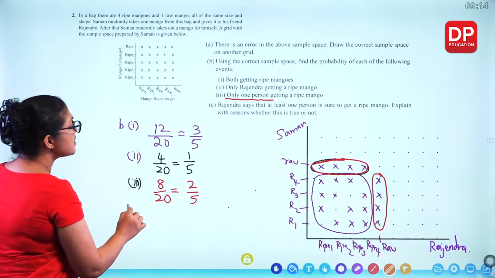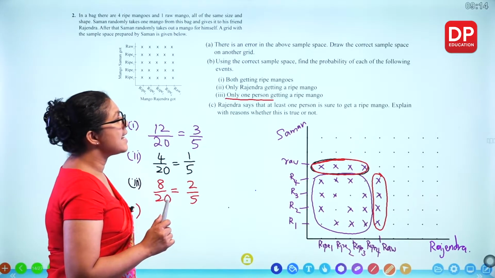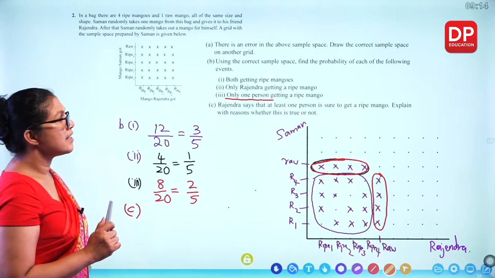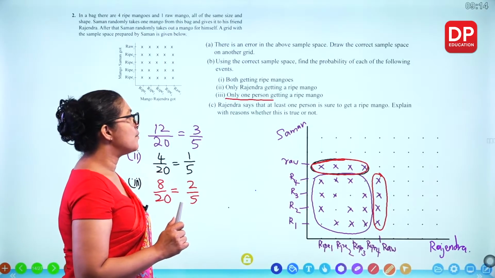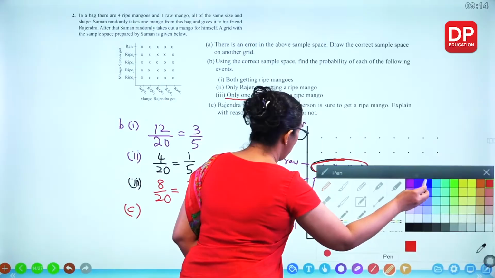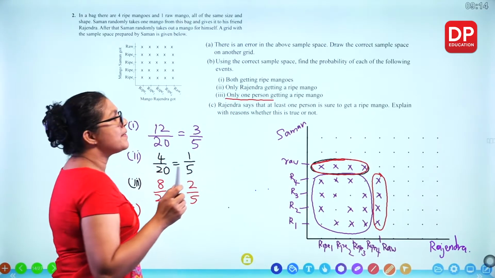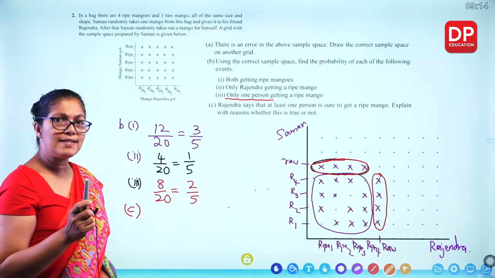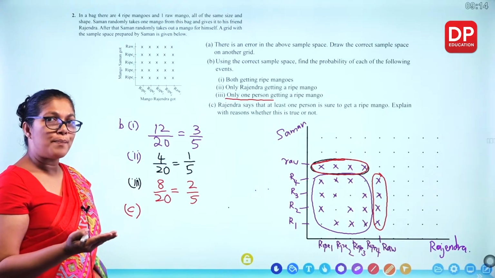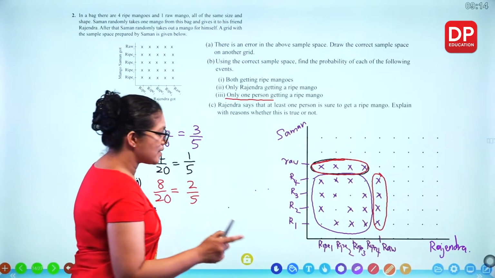Now the last part. C. Rajendra says that at least one person is sure to get a ripe mango. Explain with reasons whether this is true or not. We'll find out that at least one person is sure to get a ripe mango means either one person can get a ripe one or both can get ripe ones.